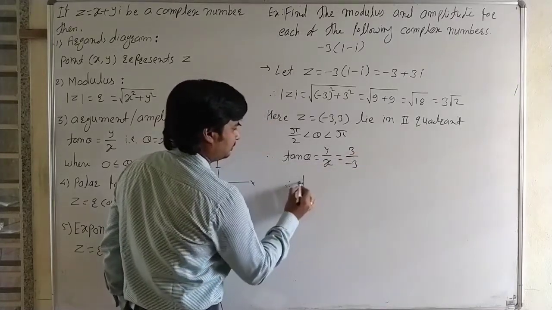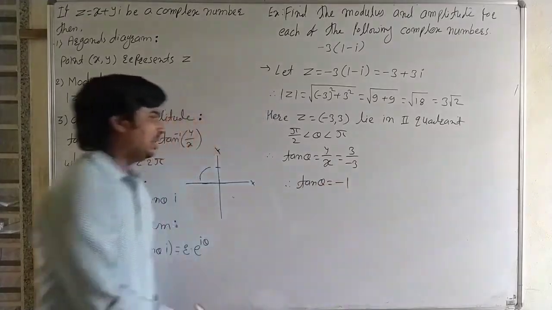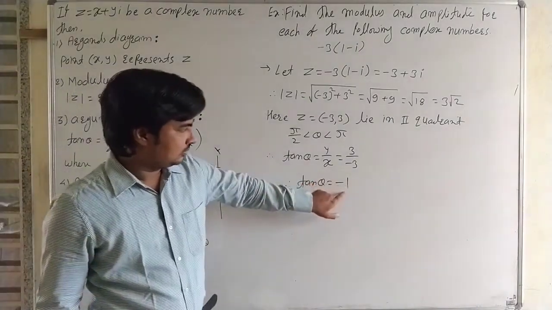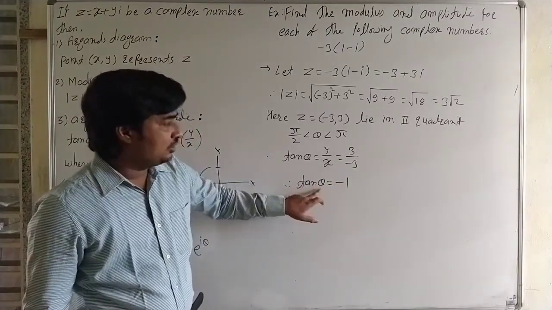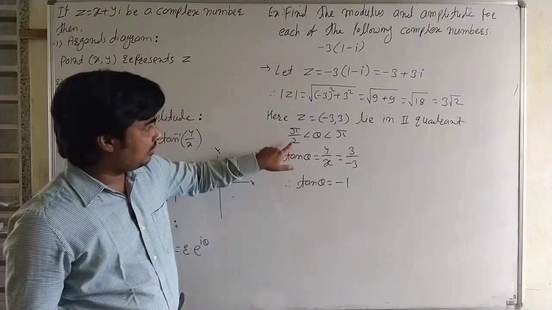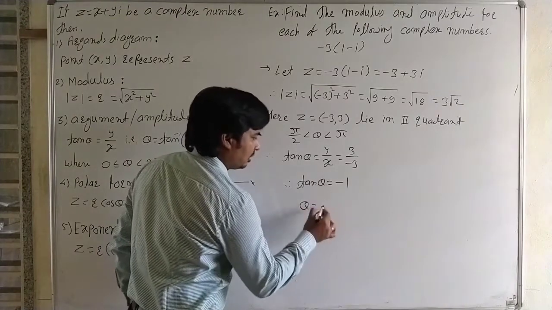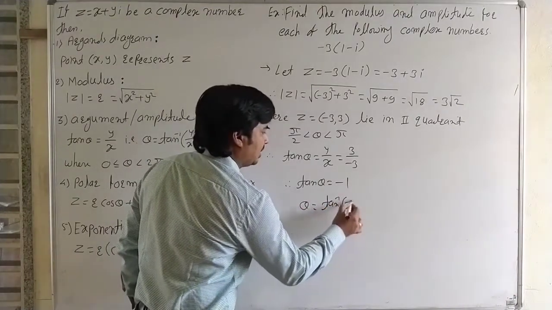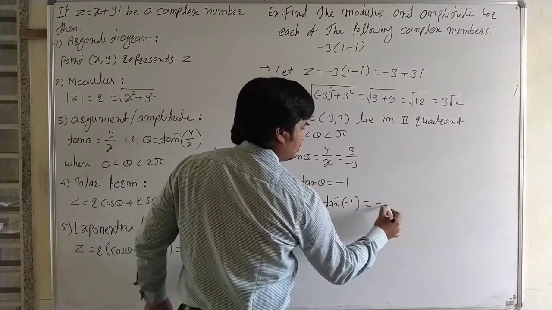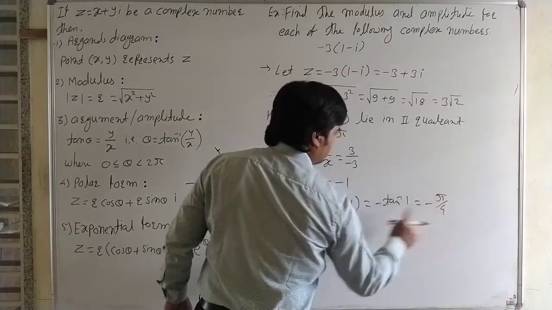Therefore we can write tan θ = -1. Then θ = tan⁻¹(-1), but here θ lies between π/2 and π. If we directly write θ = tan⁻¹(-1), then it is -tan⁻¹(1), that is -π/4, which is 45 degrees.